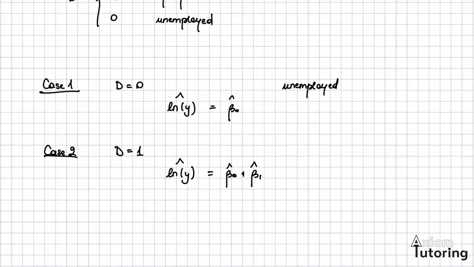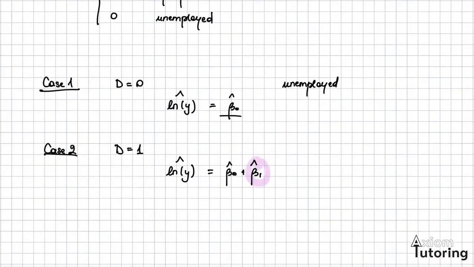If we subtract the two equations from one another, because remember we said that the beta 1 is the difference. This is the case for the unemployed, and you had the intercept equal just to beta 0 hat. The case for the employed here, now the intercept is beta 0 hat plus beta 1 hat.